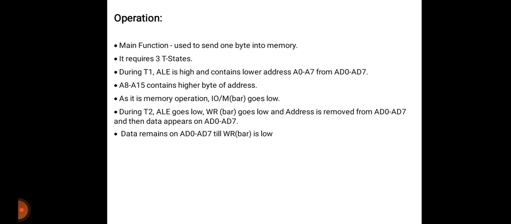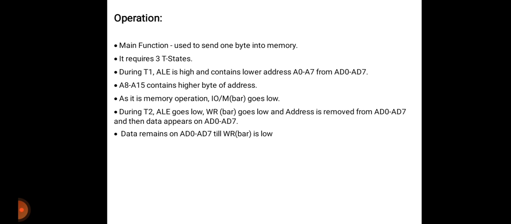The main function of this cycle is to send 1 byte into memory. Also, as I told you, it requires 3 states only. During T1 state, ALE is high and it contains the lower address, that is A0 to A7 from AD0 to AD7.